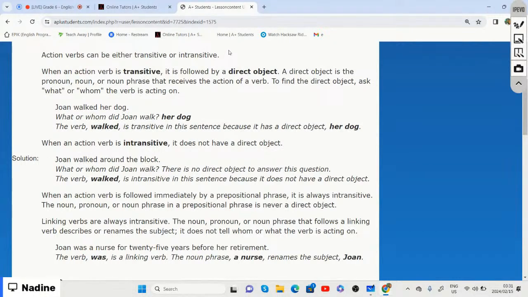And to find the direct object, we need to ask ourselves what or whom the verb is acting on. Right? And when a verb is intransitive, then it does not have a direct object. So even if you were to ask yourselves what or whom it is acting on, you won't be able to, because it does not have a direct object.